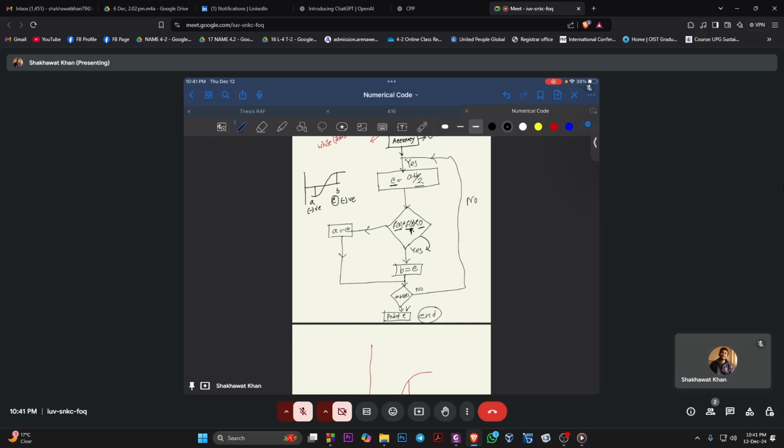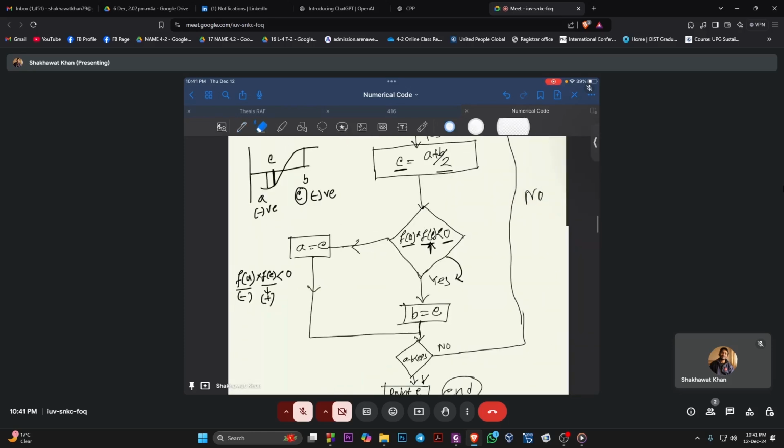that means this is c, right? This c value exists there. So if f of a into f of c is less than 0, if this happens, that means this is a minus value and this is a positive value.